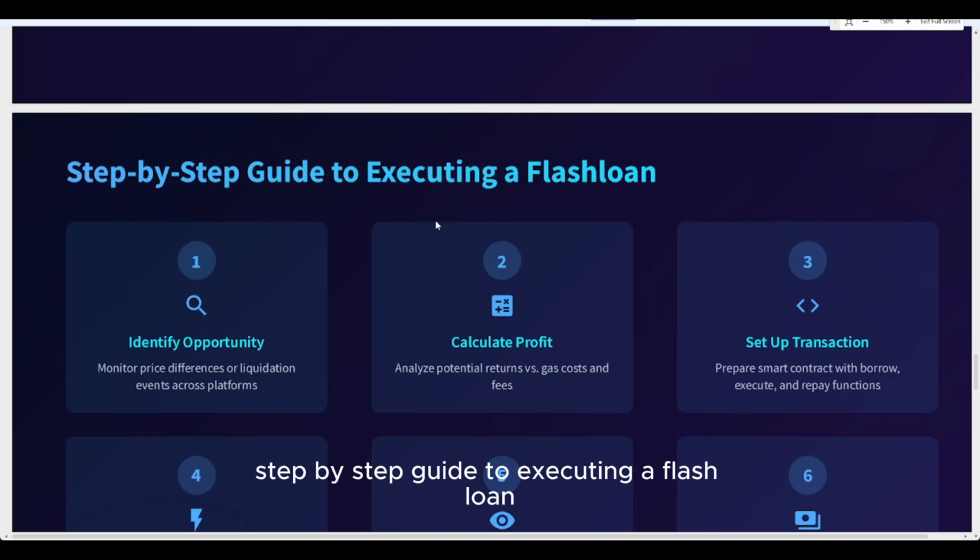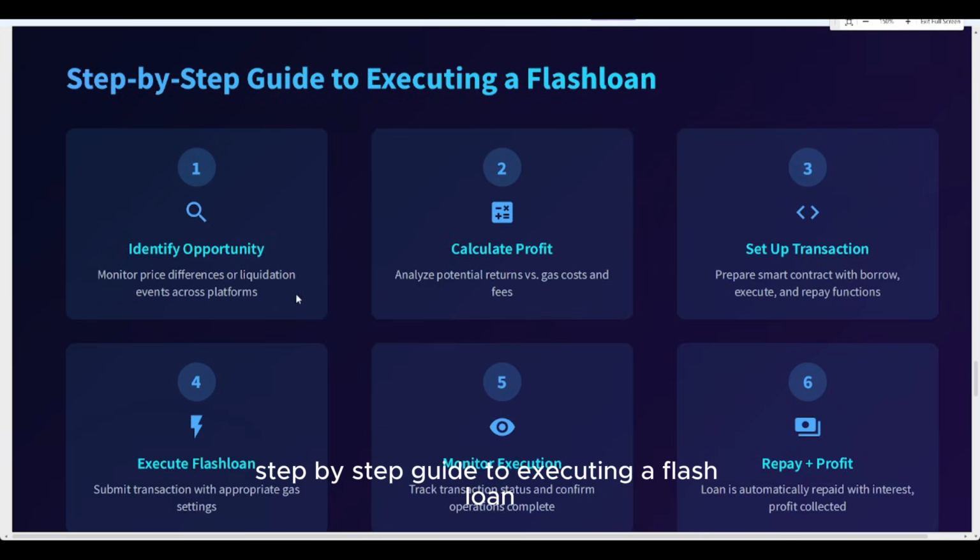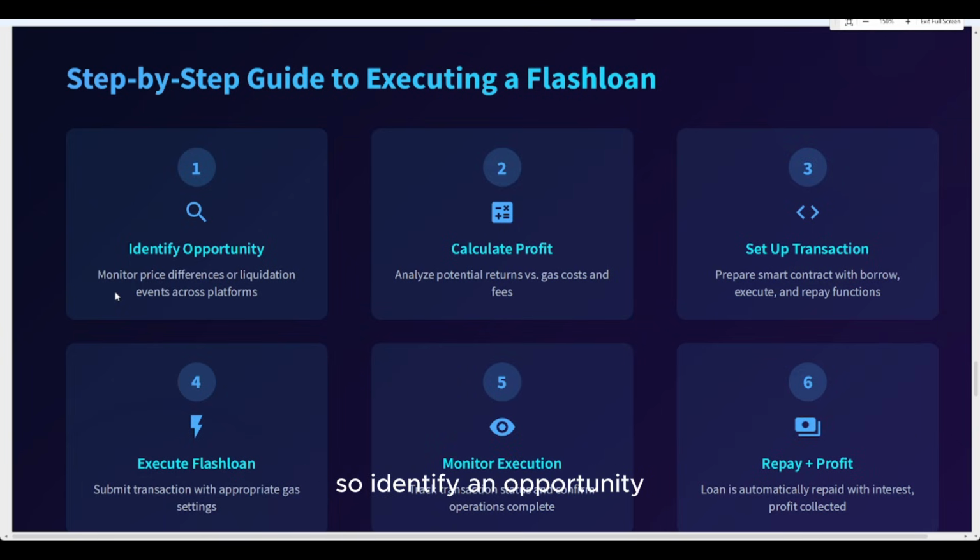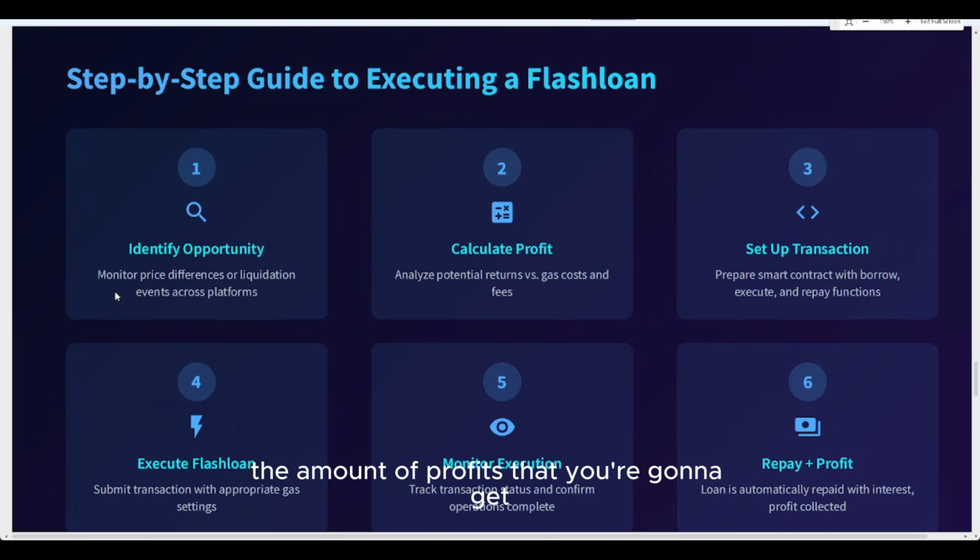Now, step-by-step guide to executing a flash loan. First thing, you need to identify an arbitrage opportunity. You need to identify difference in prices, right? So identify an opportunity, monitor price difference or liquidation. So you must monitor your price difference, then you calculate the amount of profits that you're gonna get.